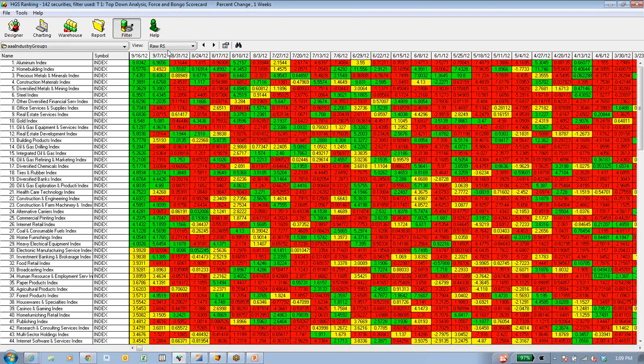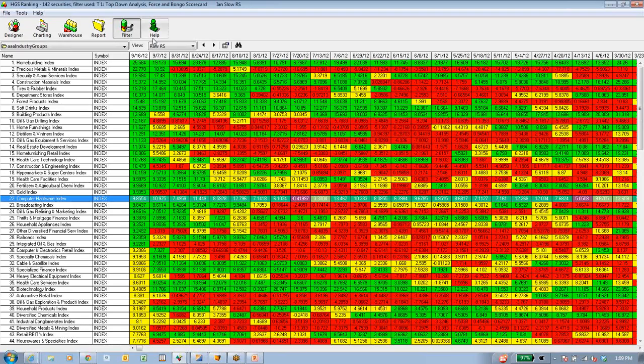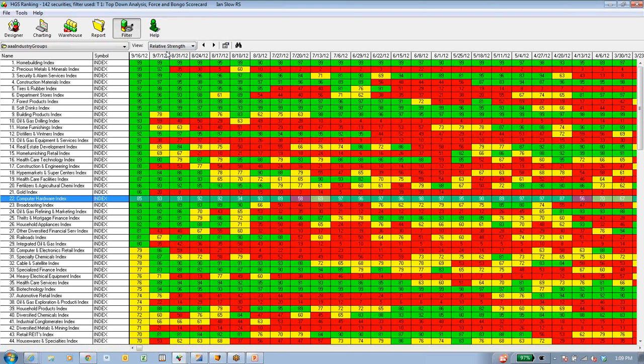So there's been rotation in this market, and it got accelerated by QE3 that drove home building, metals, construction, oil, gas drilling, gas and equipment, etc. So very cool stuff in my mind that you could see rotation much earlier than perhaps you felt it in your pocketbook or in the indices.